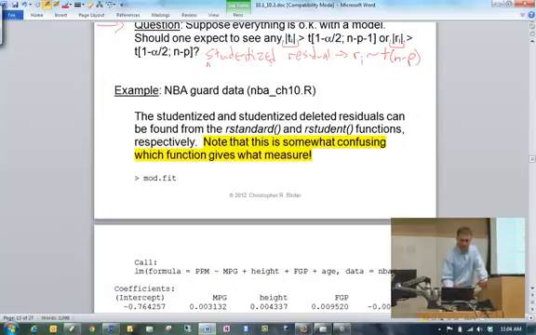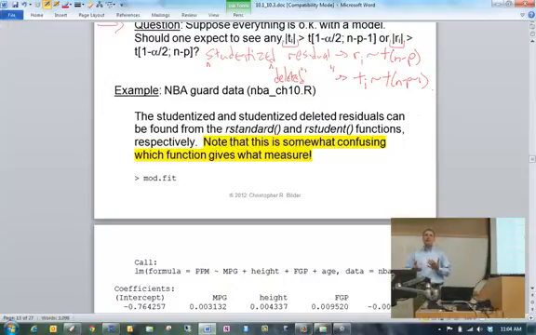We also looked at a studentized deleted residual as well, and that was denoted by t sub i, and this had a t-distribution with n minus p minus 1 degrees of freedom. Because we have these t-distributions, that allows us to get a probable range for where you would expect most of these types of residuals to fall within.